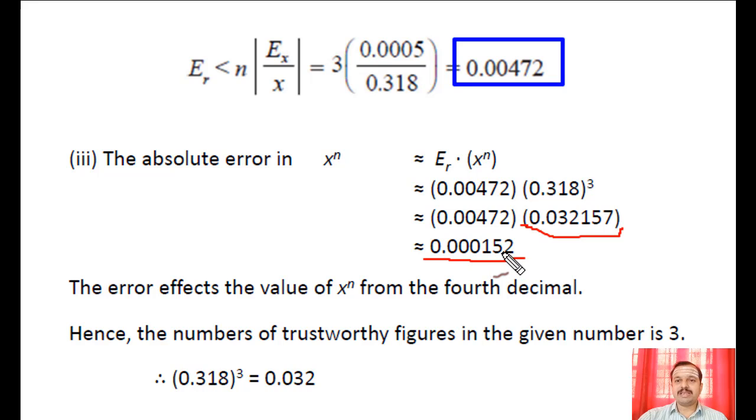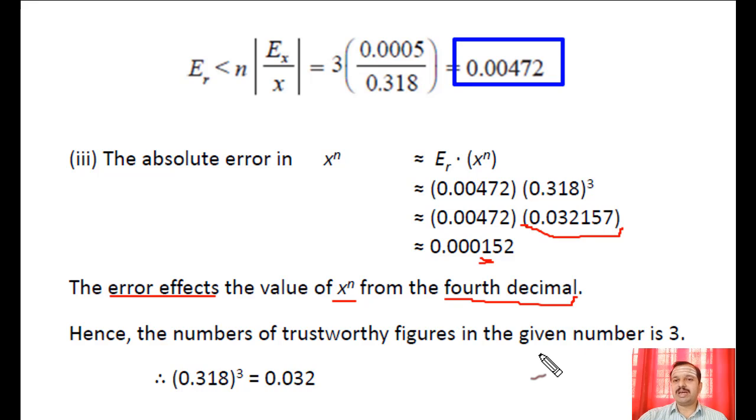That is affecting the value of x to the power n from the fourth place, because it is contributing towards the value of x to the power n. So this error starts with the fourth decimal place. Therefore we say that the error affects the value of x to the power n from the fourth decimal place.